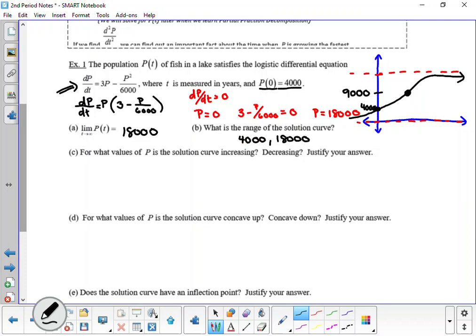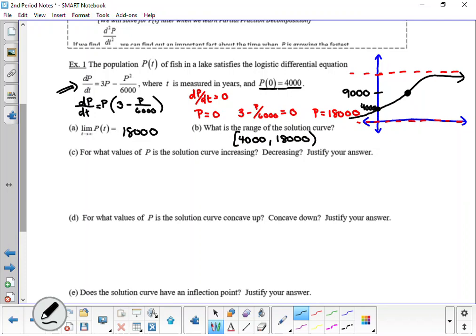Because it's range, so it's y values. And because 18,000 is the highest point, then we have to start at 4,000.